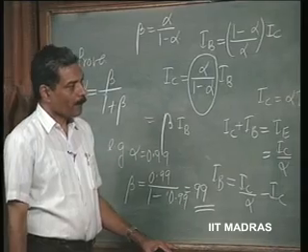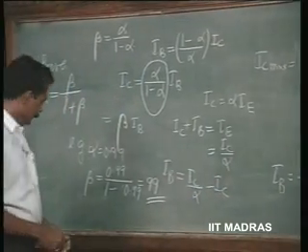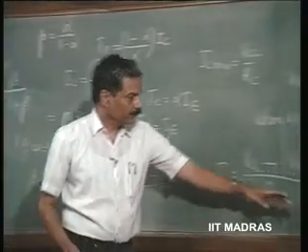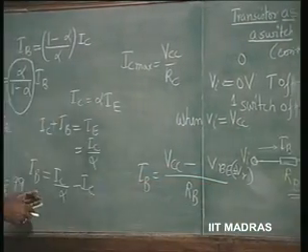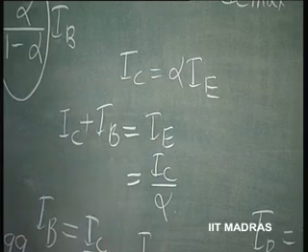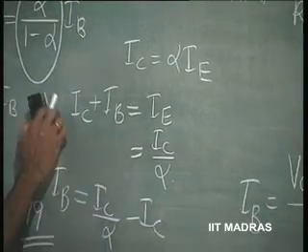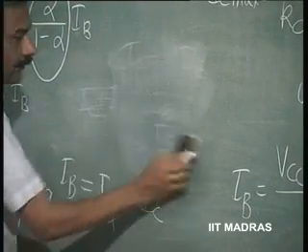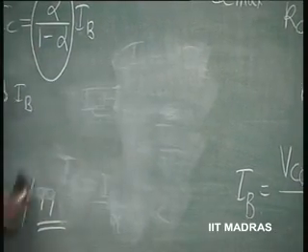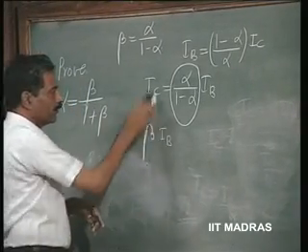Now, we have this particular relationship wherein we want IC equal to alpha IE not to be satisfied, because transistor has gone to saturation. When will it happen? If I make the base current such that it is more than what is going to be determined by this.